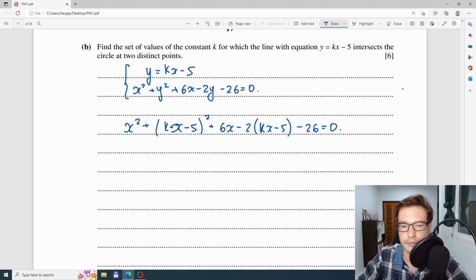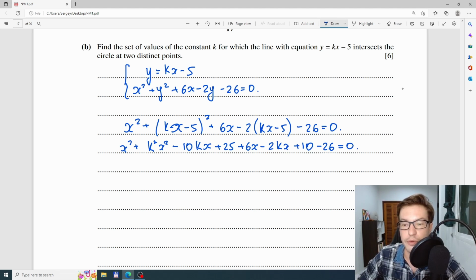Let's expand the brackets. We get x squared plus k squared x squared minus 10kx plus 25 plus 6x minus 2kx plus 10 minus 26 equals 0. So that's a quadratic equation.